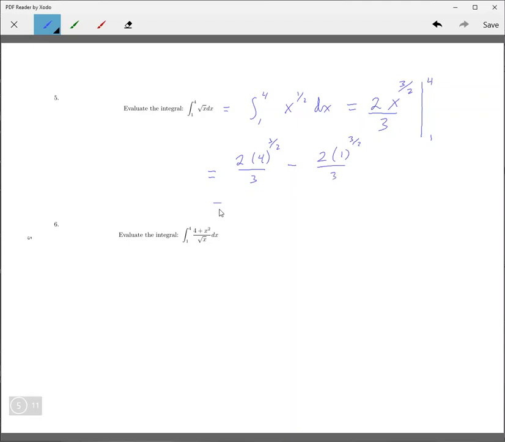Then 4 to the 3/2. If I do the 2 first, the square root of 4 is 2, and 2 to the 3rd is 8. So this is going to be 16/3. And that's just going to be 1, so that's 2/3. So we got 16/3 minus 2/3, that's 14/3.